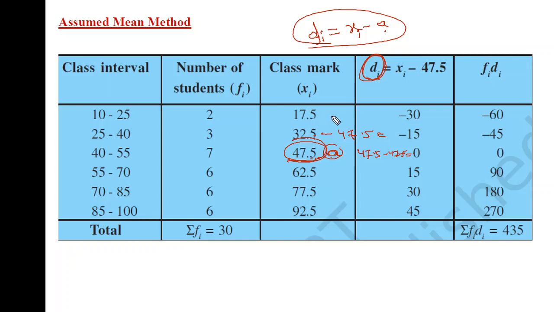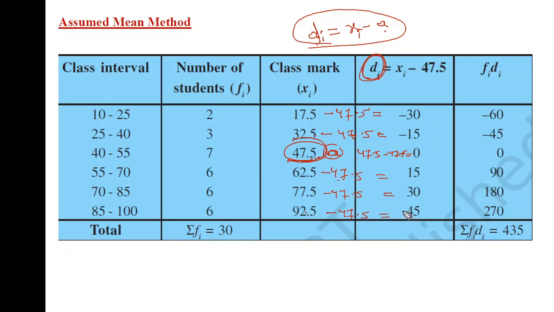Again 17.5 minus 47.5, we are subtracting the assumed mean from all the observations, is equal to minus 30. Similarly, 62.5 minus a, who is a? 47.5. 62.5 minus 47.5 is equal to 15. Again 77.5 minus 47.5 is equal to 30. Now 92.5 minus 47.5 is equal to 45.